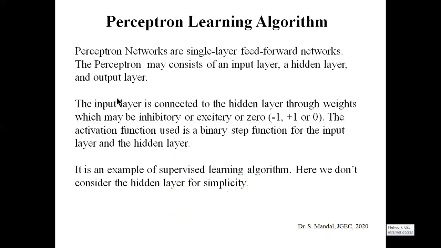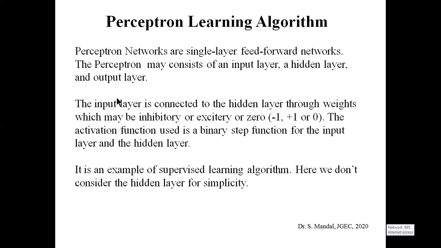Now coming to the perceptron learning algorithm. In the perceptron learning algorithm, we prepare the perceptron network, which is basically nothing but a single layer feed forward neural network. In a perceptron network, multiple outputs are possible, and it is also possible that there is a hidden layer associated with the perceptron.